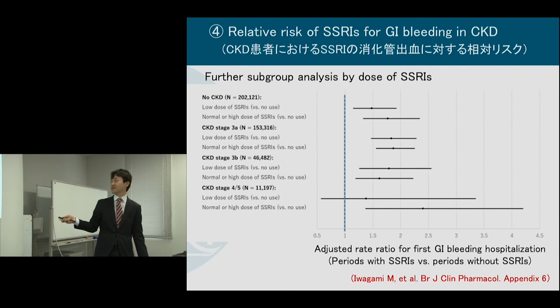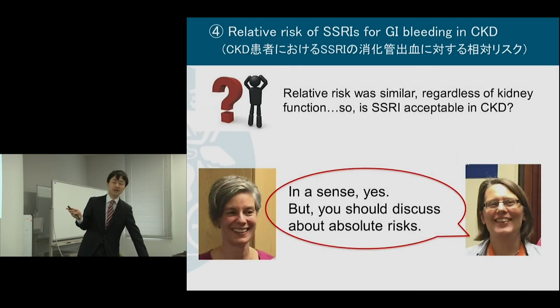But you can see that it's very difficult to interpret these results because of large confidence intervals, because each group became very small. So in the end, it seemed to me that relative risk was not very different, a kind of boring result. But I was kind of confused.